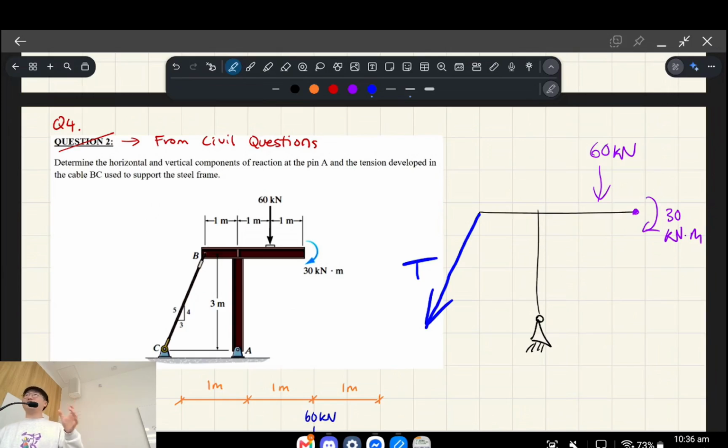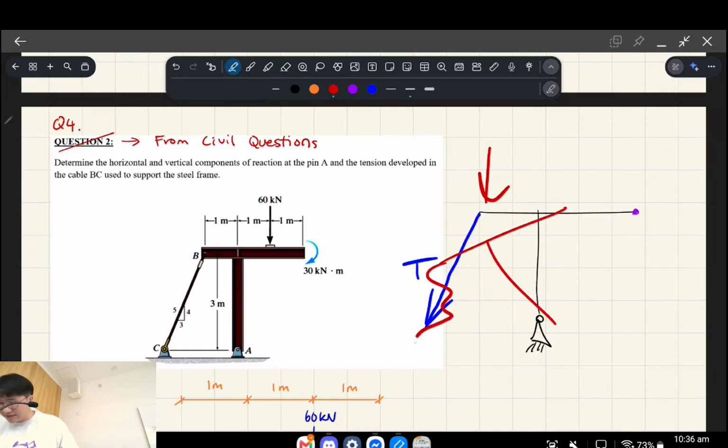If it's in compression, it essentially won't do anything. It'll just be in slack, right? So this whole system wouldn't work if the external loads looked like this instead, where the whole thing collapses to the left. You can imagine it'll look like this and the cable gets all stringy. Do you know what I'm saying?